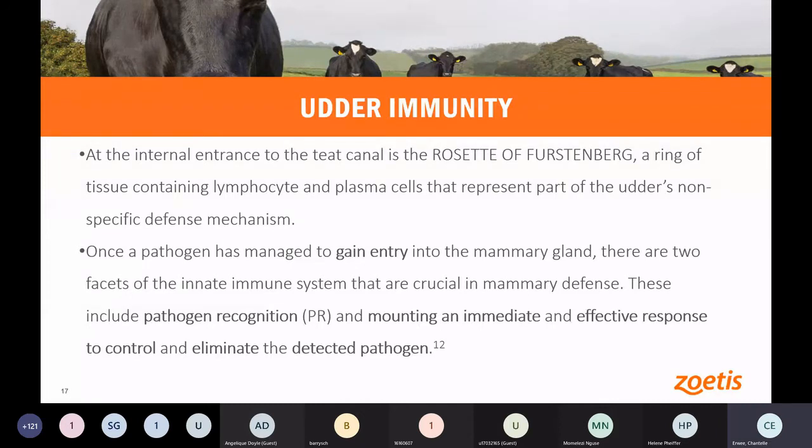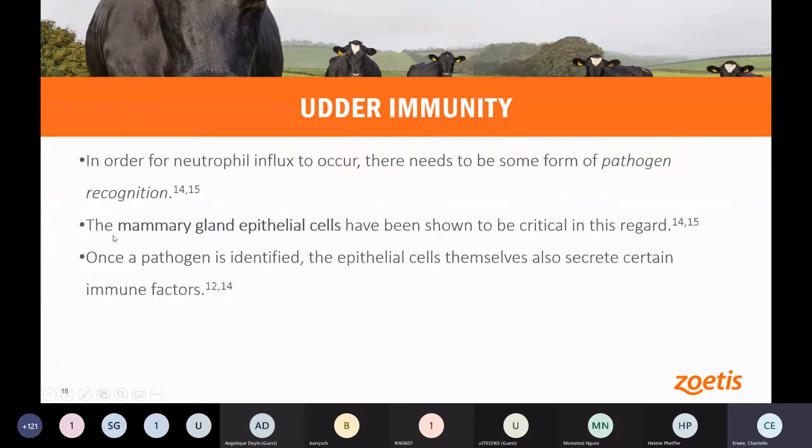So that pathogen recognition that I just spoke about is especially important because otherwise this pathogen can gain entry unseen and go and wreak havoc in the udder. Okay, and the mammary gland is quite special in this way, in that the mammary epithelial cells are quite critical, and they can actually recognize some of these pathogens. Okay, I'm not going to go into specifics with toll-like receptors and all those things, but it is quite interesting.